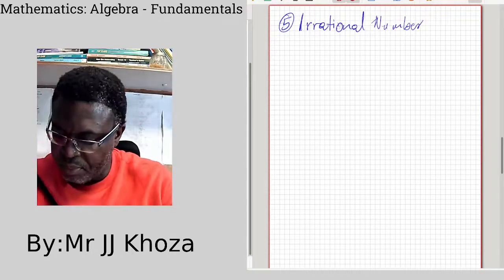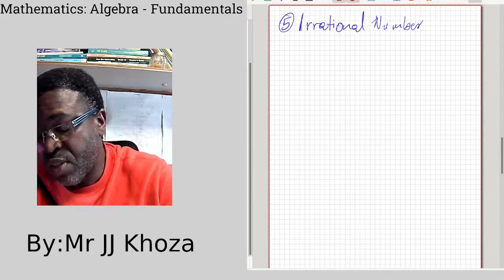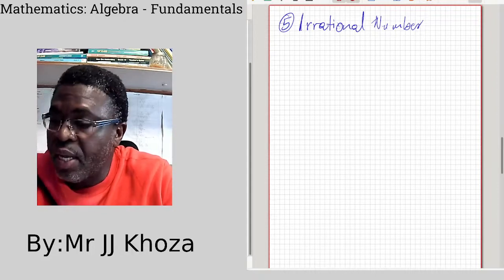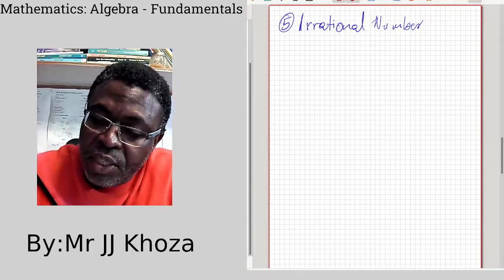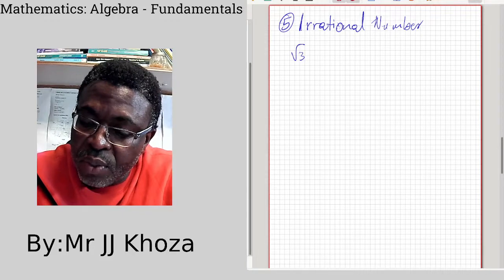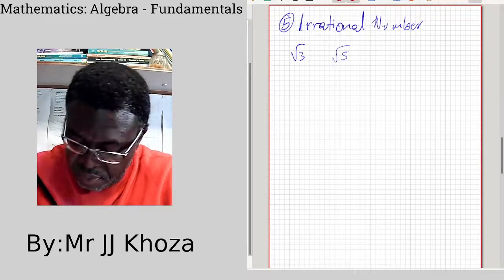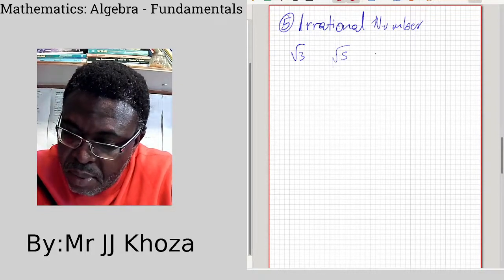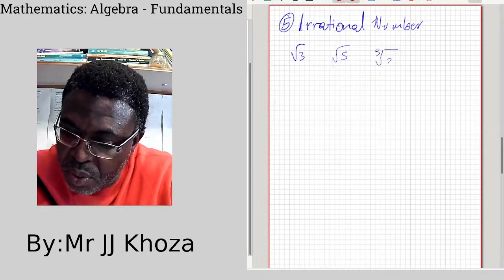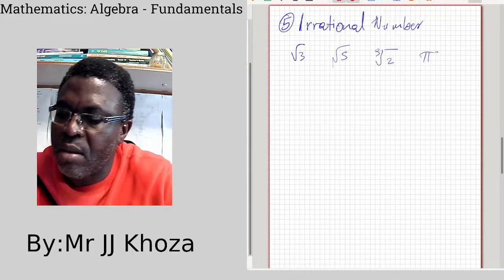Irrational numbers can be shown with varying degrees of difficulty. You can imagine something like the square root of 3, the square root of 5, maybe even the cube root of 2, even the number pi.